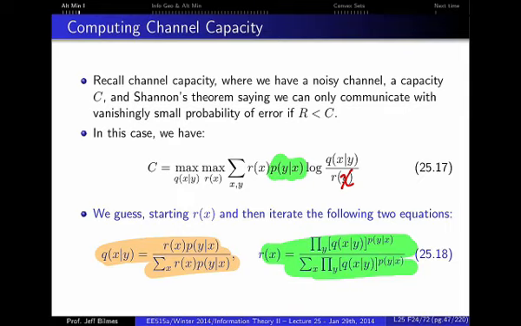One other question: q of x given y, isn't that like the decoder? It's not really. It's just this conditional distribution that we're optimizing over. The decoder is basically where we get this symbol and we need to come back.